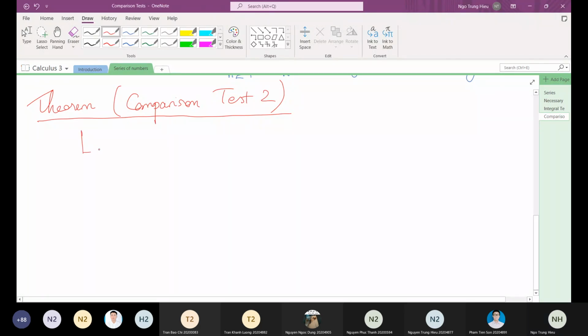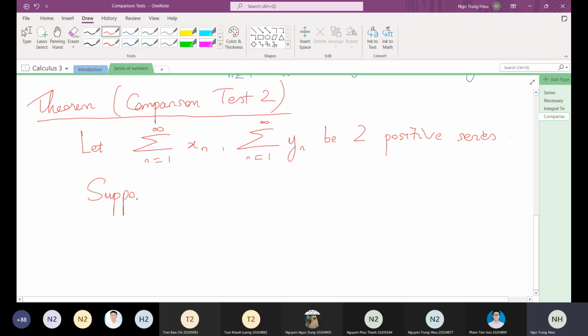So we have, as before, two positive series. And we suppose that we take the individual terms and divide them, xn over yn, and then take the limit as n goes to infinity.